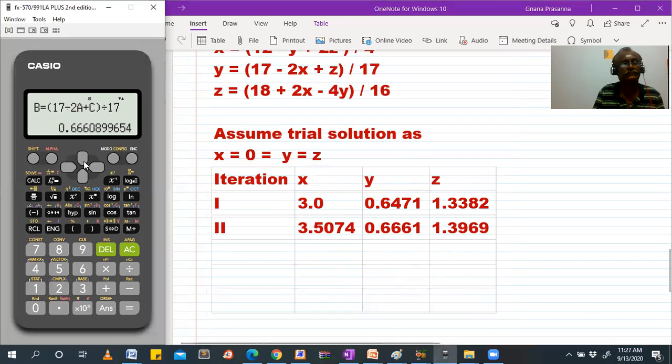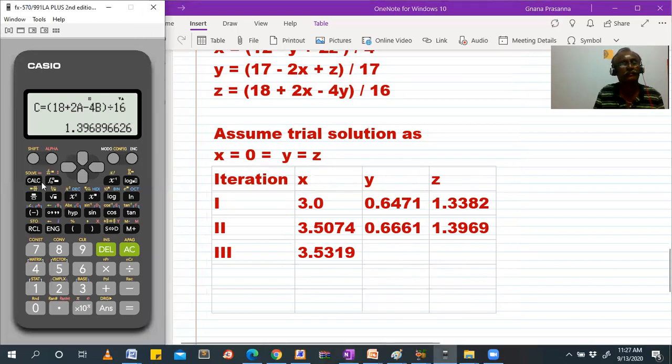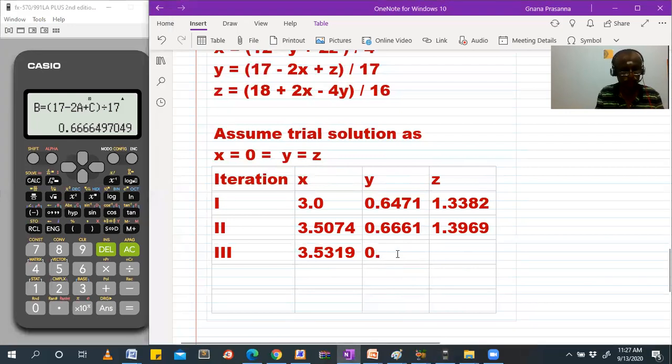Again repeat this for A, calc, equal to, 3.5319. Here B, calc, equal to, 0.6666.